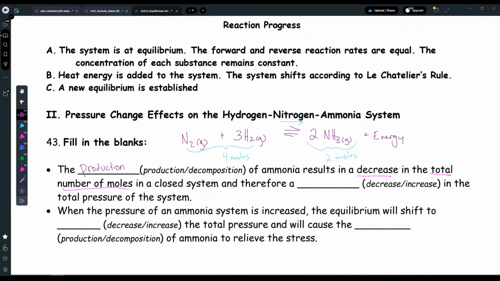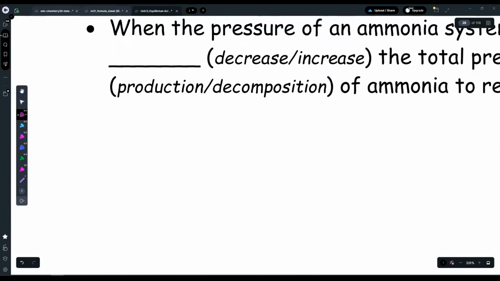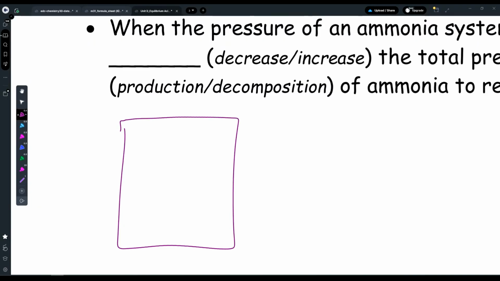Okay, so for this, we've got to think about what exactly is pressure. So if I do a little sketch here, we first got to talk about what exactly causes pressure. So I'm going to represent little dots to mean moles of gases. Okay, so pressure is created when moles of gas bounce off of the sides of the container that it's in.